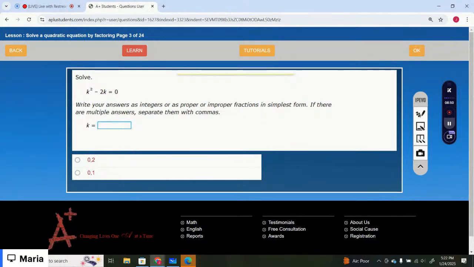K square minus 2k equals 0. So we can take common k.